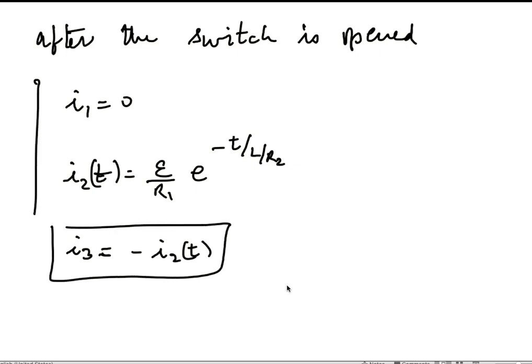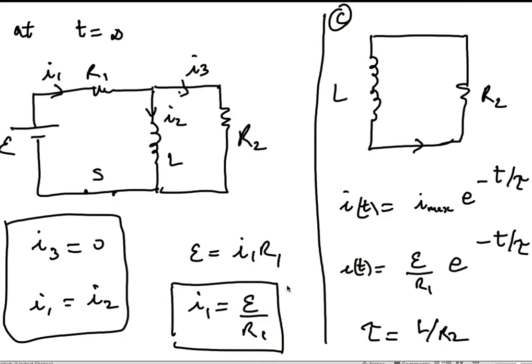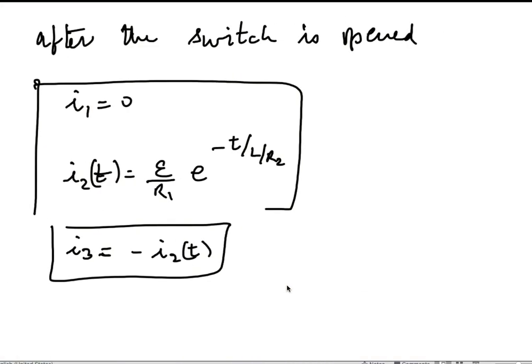Since in the diagram the direction of I3 was in that direction, but after the switch is open, the current flows in that direction. Okay, that finishes that problem.